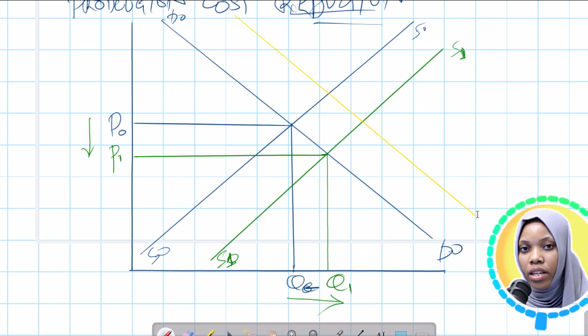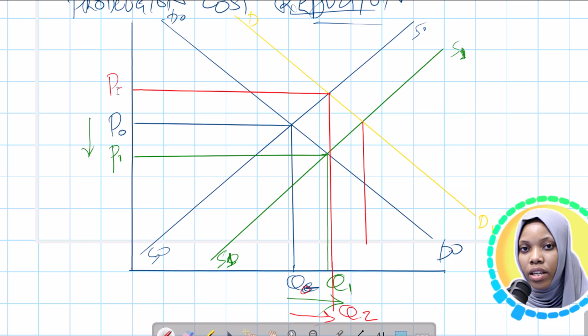And so our demand curve is going to be D1, and our new equilibrium quantity is going to be Q2, so it has increased from QO to Q2, and the price is also going to increase, from PO to P2.